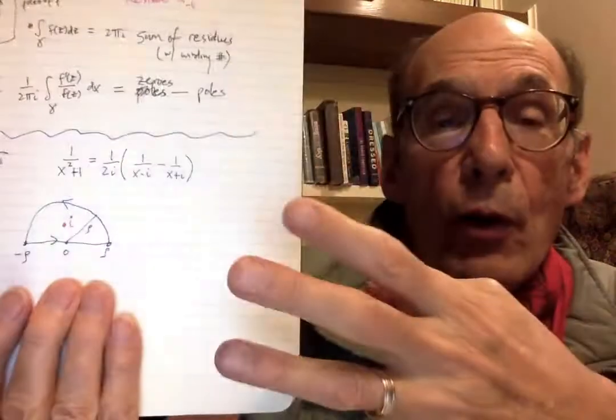The residue is 1 over 2i. So the integral over this path, which I'm going to indicate symbolically, of dz over z squared plus 1 is, I think we do need a drum roll for this, 2 pi i times 1 over 2i.